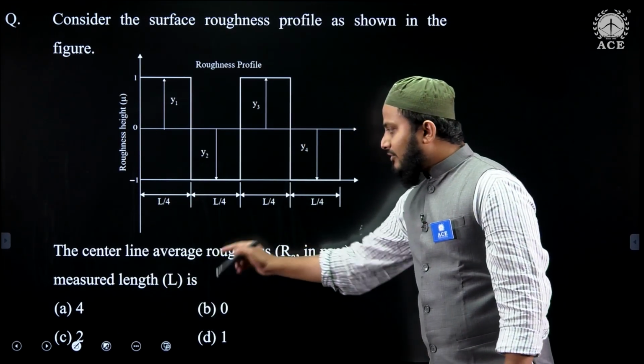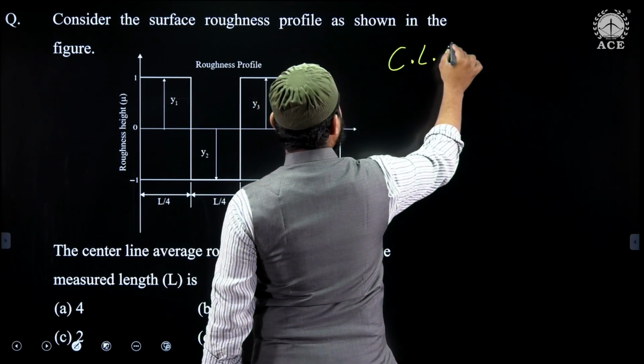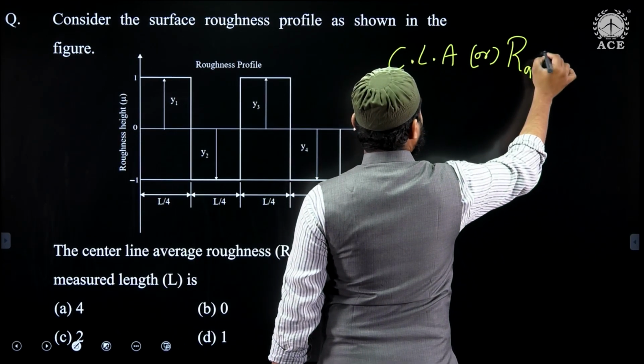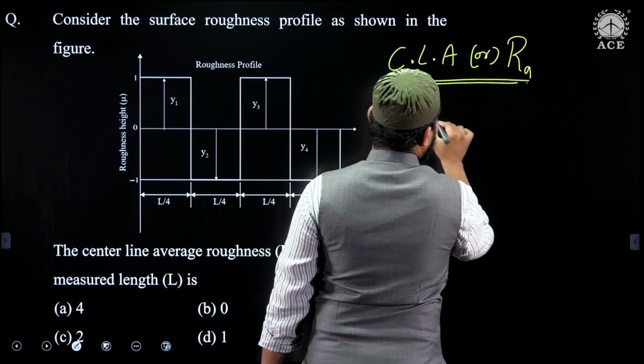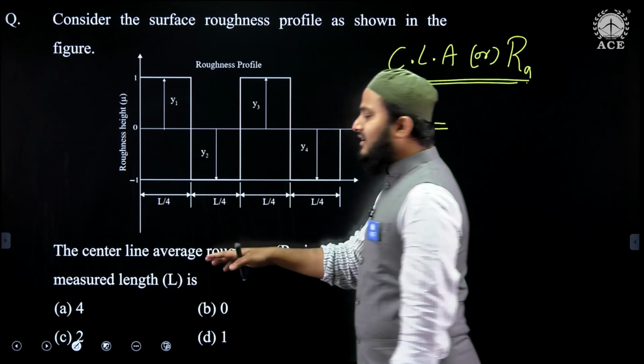See, basically the central line average value, CLA, we also consider as Ra. The name itself indicates a central line average.